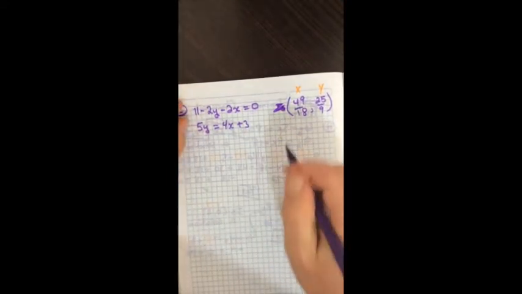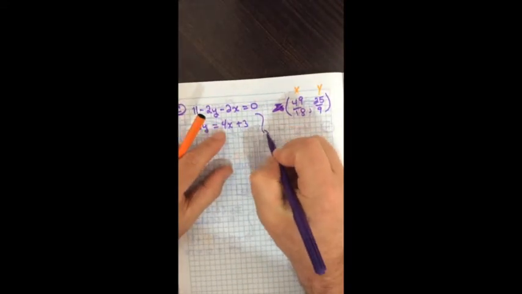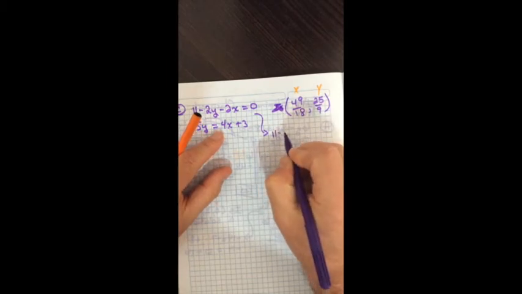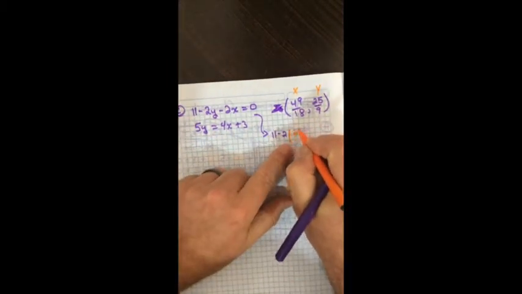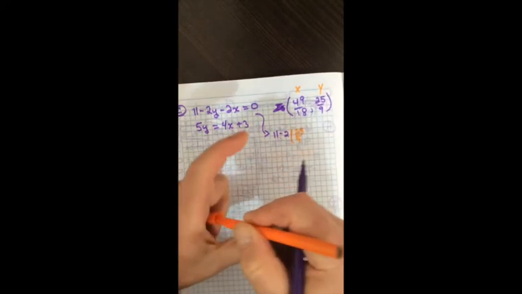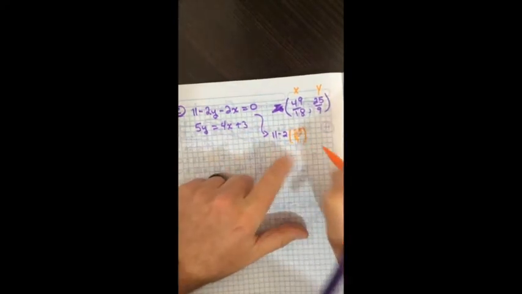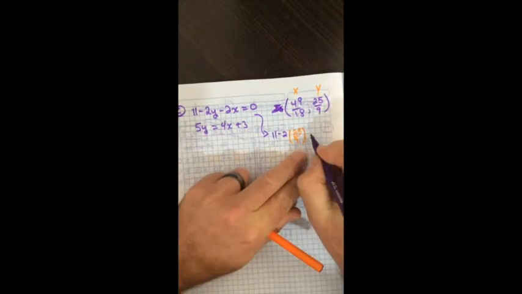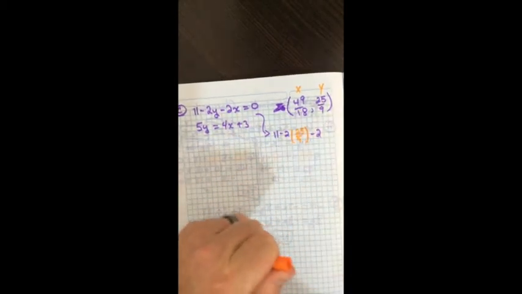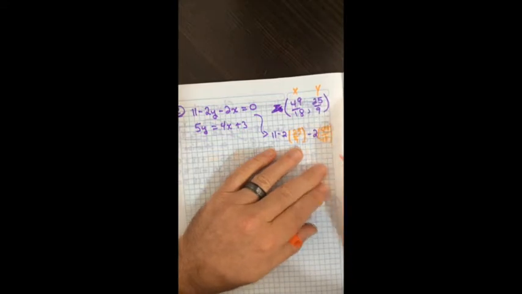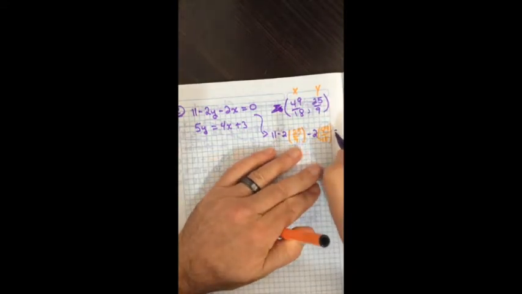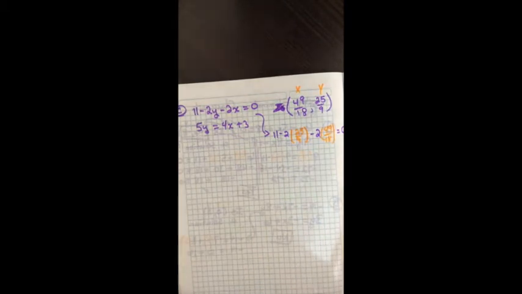Well, let's take a look here. Let's take this very first one right there. That's 11 minus 2 times y, which is 25/9. Minus 2 times x, which is 49/18. We want to see if that equals 0.